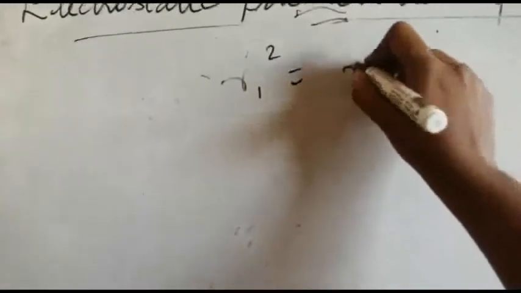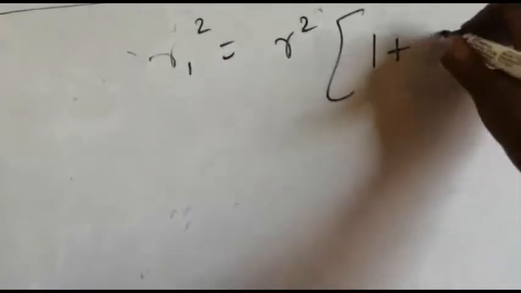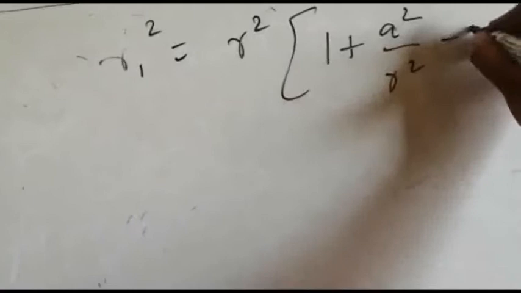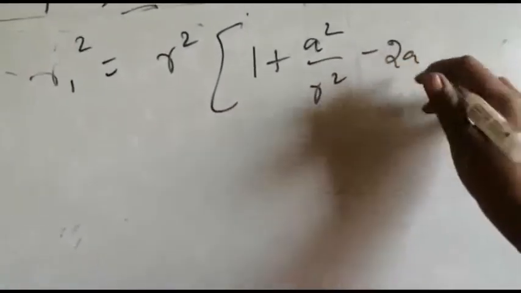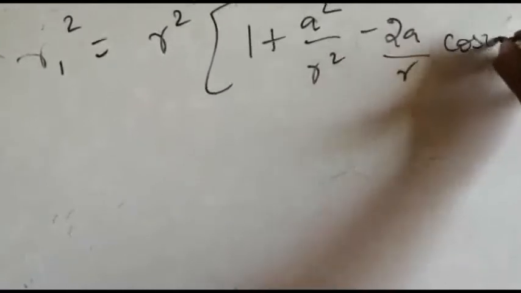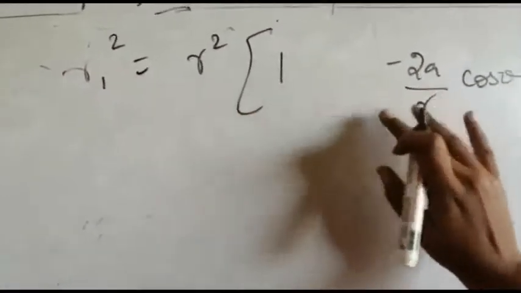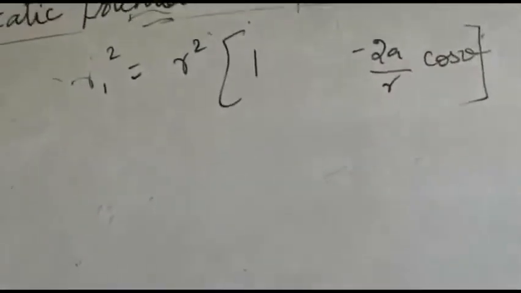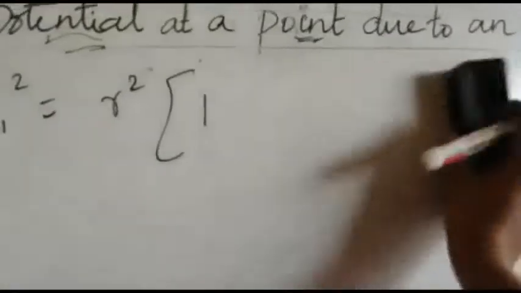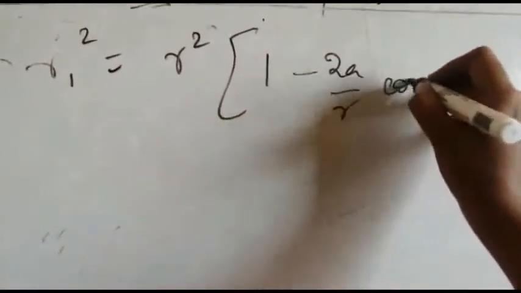So it is r1 square is equal to r square of 1 plus a square by r square minus 2ar by r cos theta. In this term I am leaving this term. So it is 1 minus 2a by r cos theta.